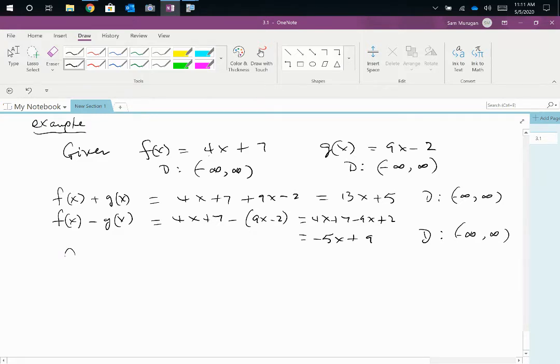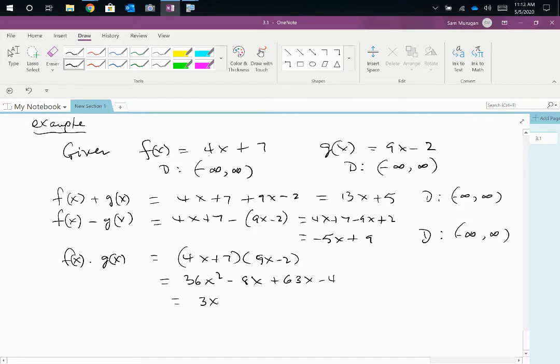If we're multiplying them, f of x times g of x, 4x plus 7 times 9x minus 2, we would do FOIL on this. So this is 4 times 9, 36x squared, minus 8x, plus 63x, minus 14, and then combine any like terms here.